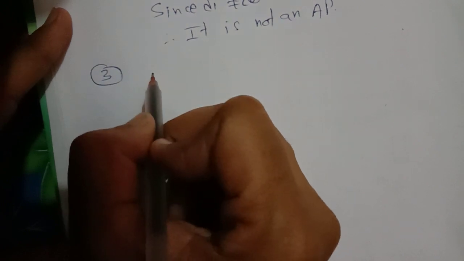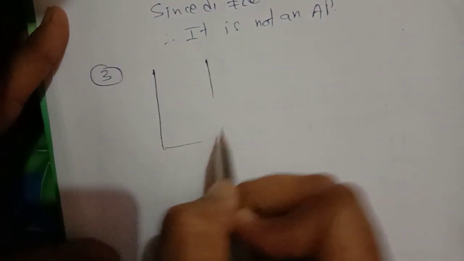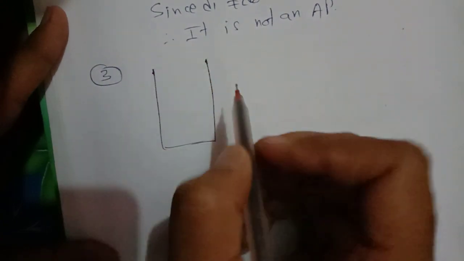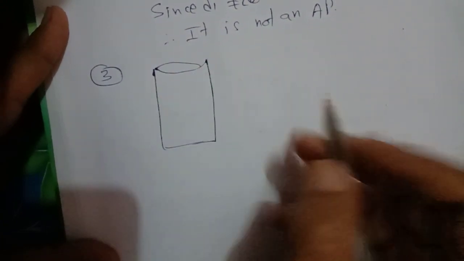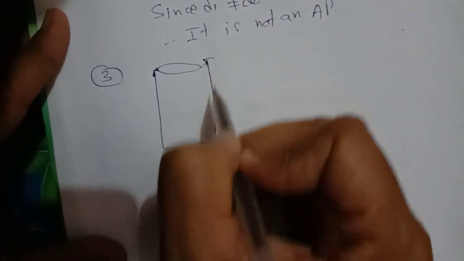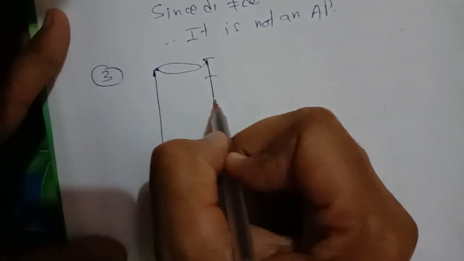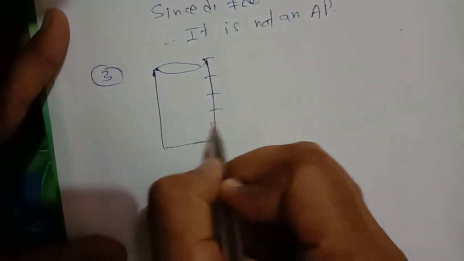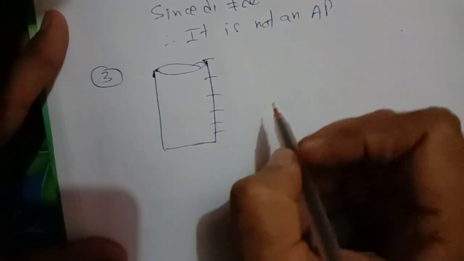So students, one well is there. Just think that one well. They have to dig that, and from here to here, 1 meter, 2 meter, 3 meter, 4 meter, 5 meter, we can say.